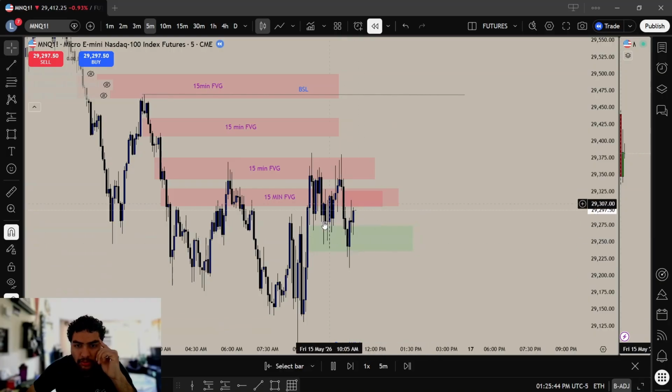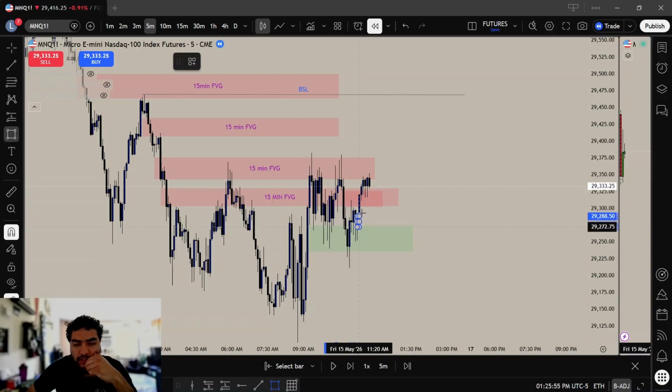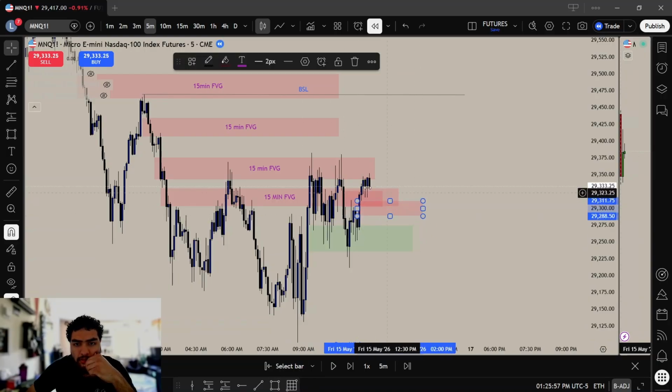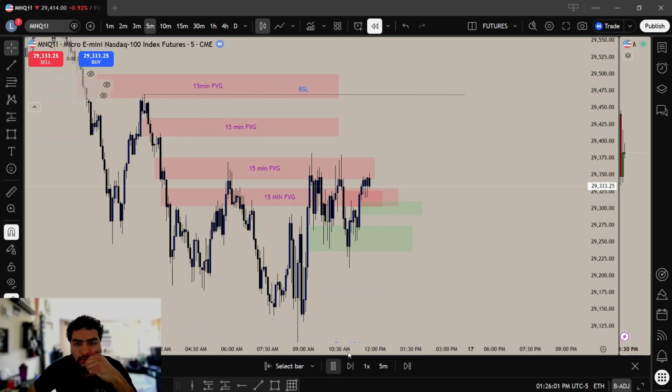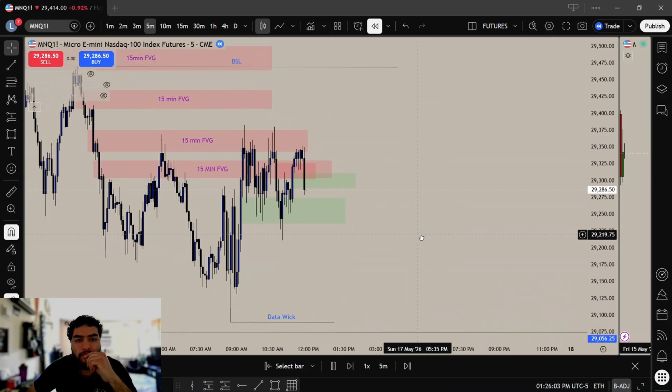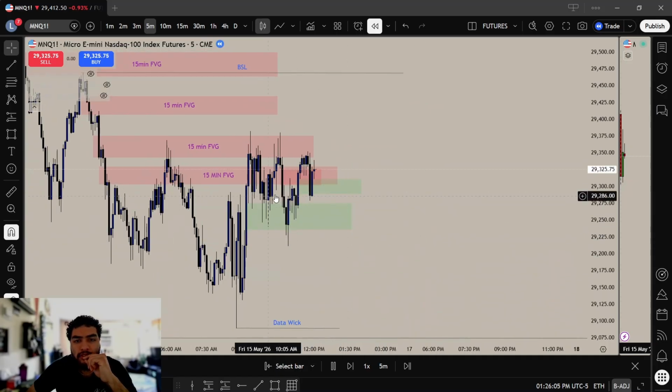Respecting this bullish, respecting the bullish. Continue disrespecting the bearish, continue to go higher. We got another bullish fair value gap right here. Kind of disrespecting that.